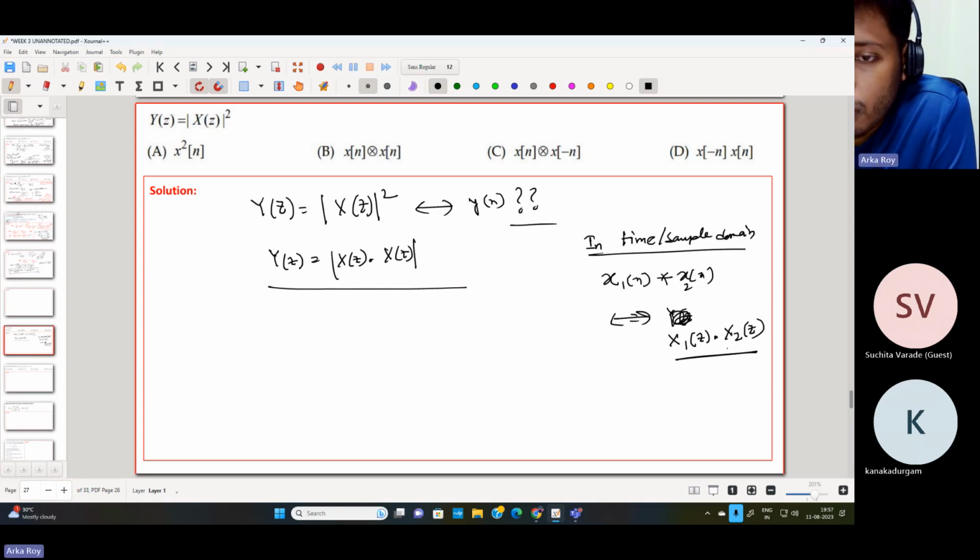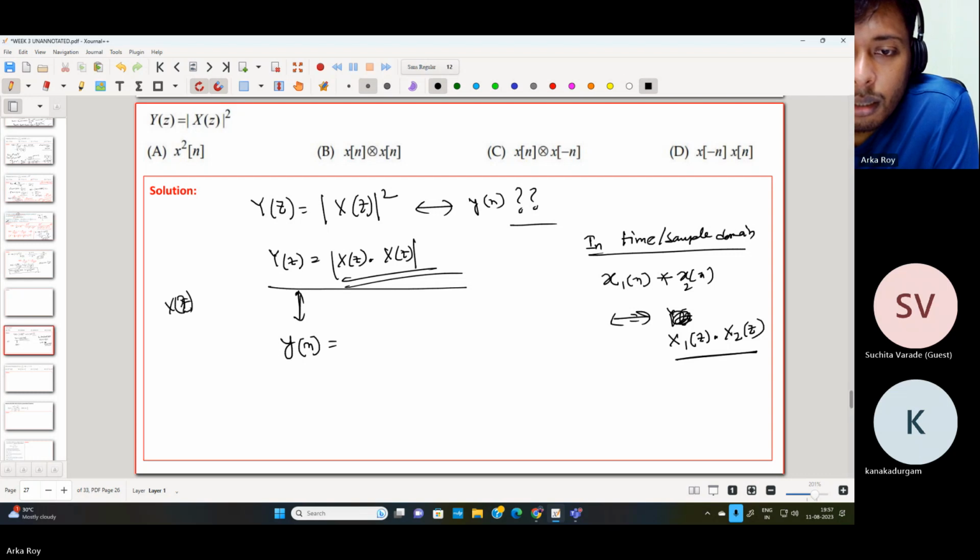So with this concept, if I just take the inverse over here, I can see that these things are multiplied with each other, and the x[n] part is in the question. I have not written it over here.